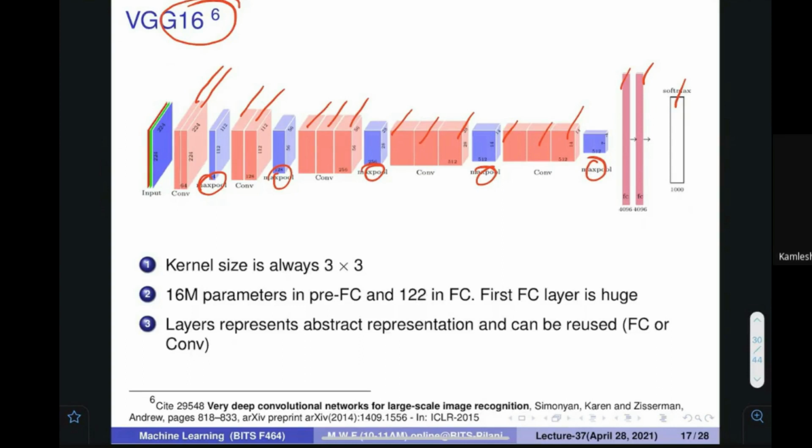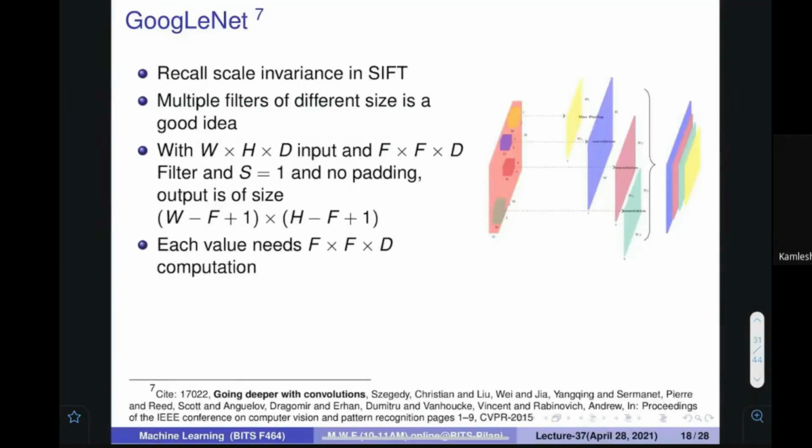So we only count the trainable layers. One more simplification that VGG has done: it says I'm going to use the same kernel size everywhere, that is 3 cross 3. So a lot of parameters, and as we have seen, it has also achieved very excellent accuracies.